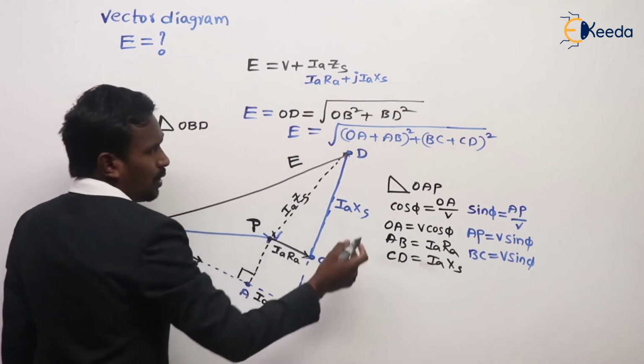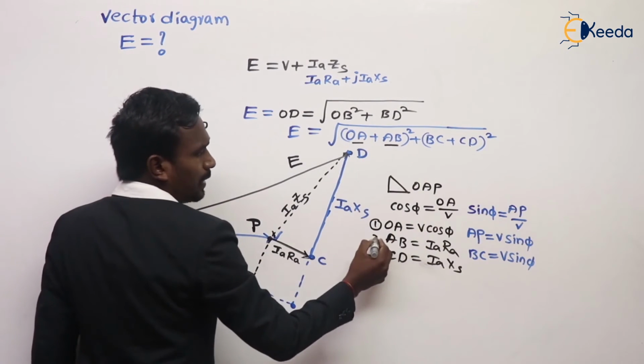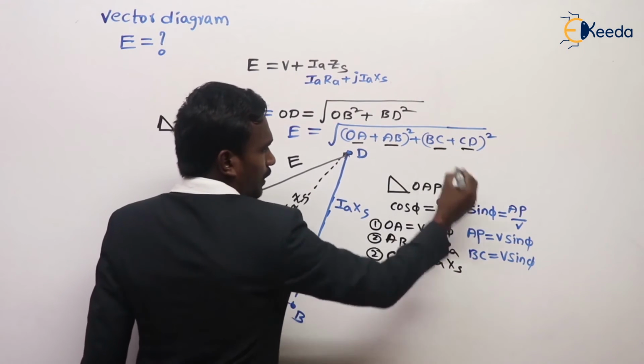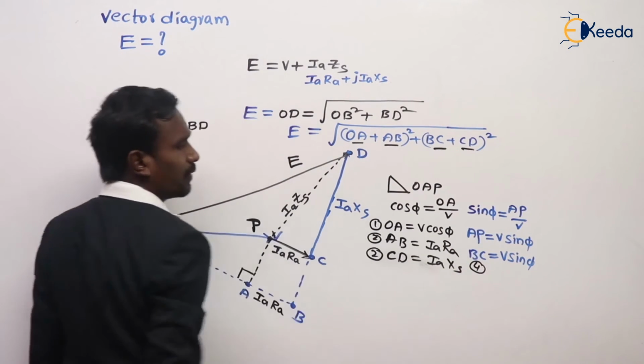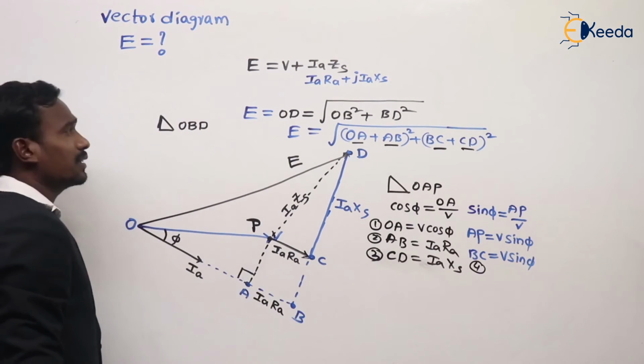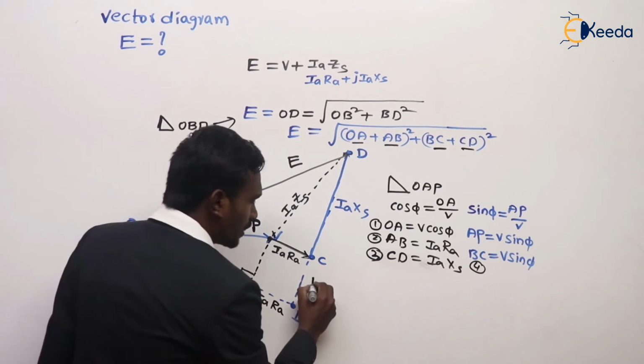Okay, so we know OA, AB, CD and BC. Substitute all the values there, then you can get the EMF equation. What is the EMF equation?